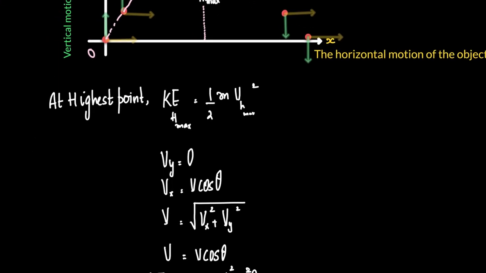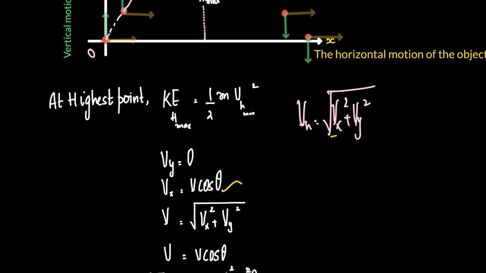At the highest point, what is kinetic energy equal to? Kinetic energy at highest point h max is equal to half m into V at h max square. Now what is V at h max square? It is actually the resultant of Vx square plus Vy square.